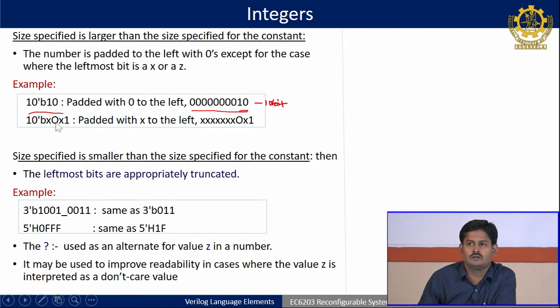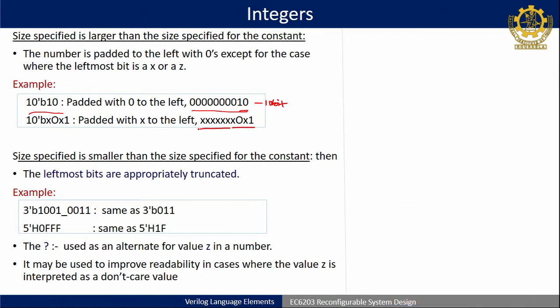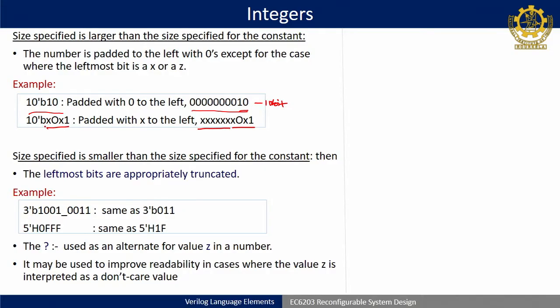If it is x, then another 6 x will be added. So for x and z the treatment is different, and the simulator will treat it in a different way, so you have to take care. 4 bit for this and another 6 x, so that it will be of appropriate size.